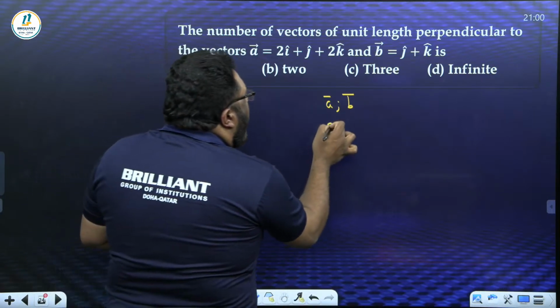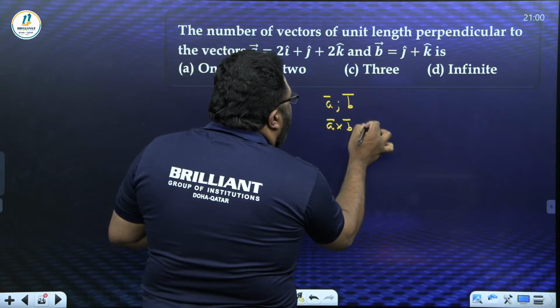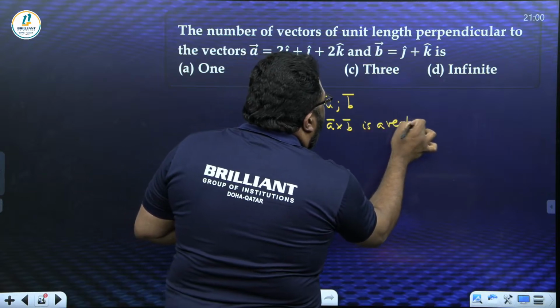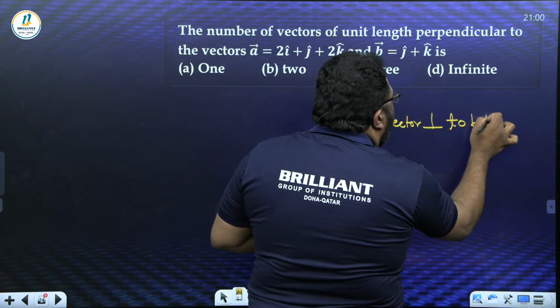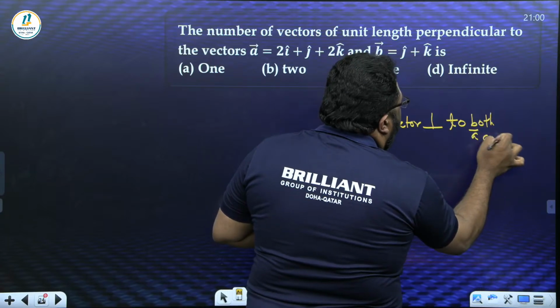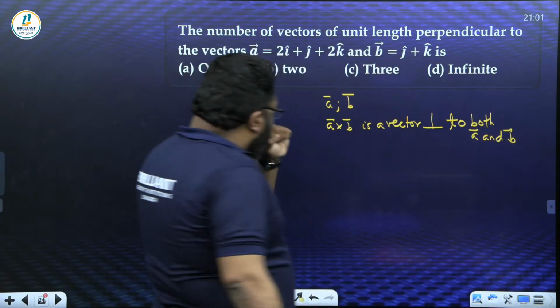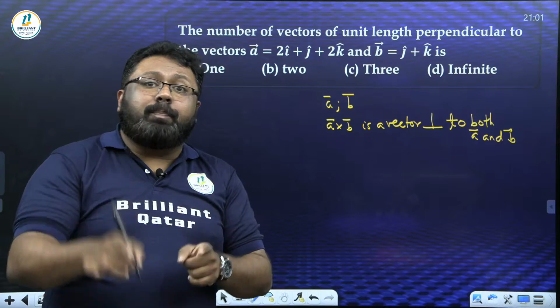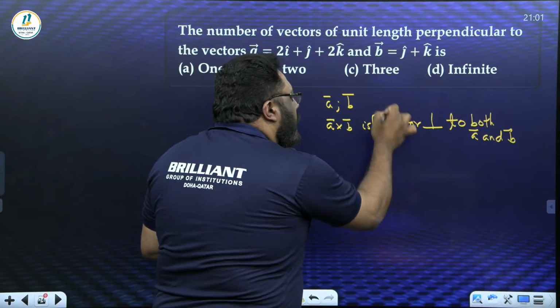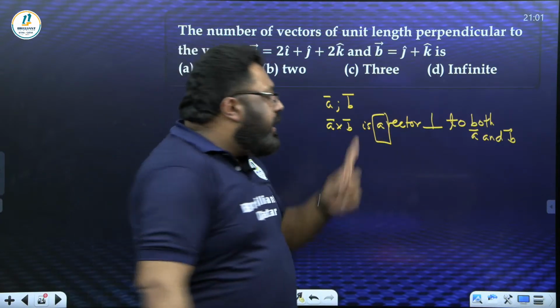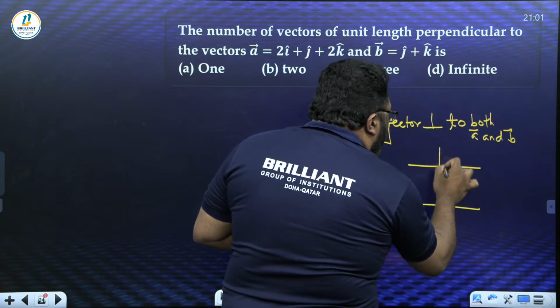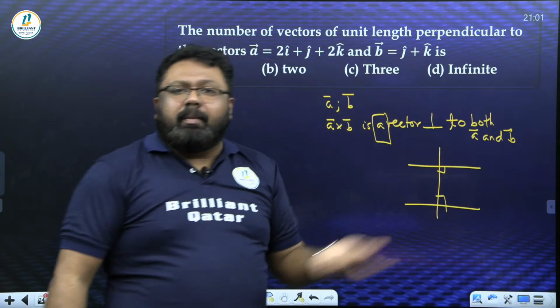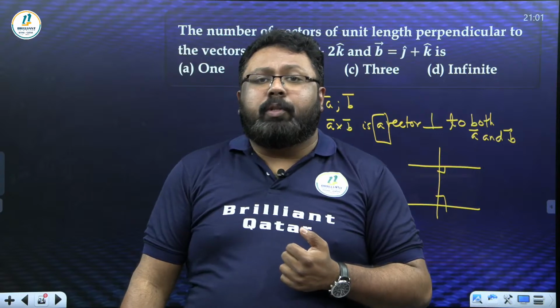Then A cross B is a vector perpendicular to both A and B. I said A cross B is a vector, means it is just one of the vectors which is perpendicular to both A and B. It doesn't mean that there is only one vector perpendicular to both A and B.